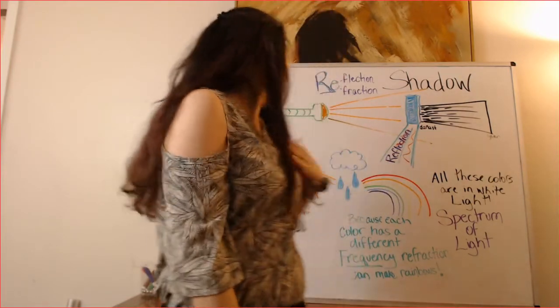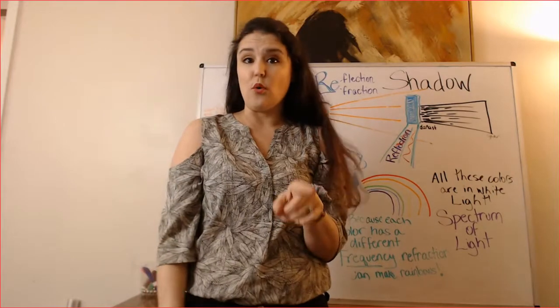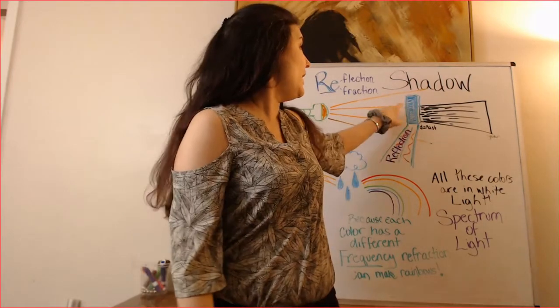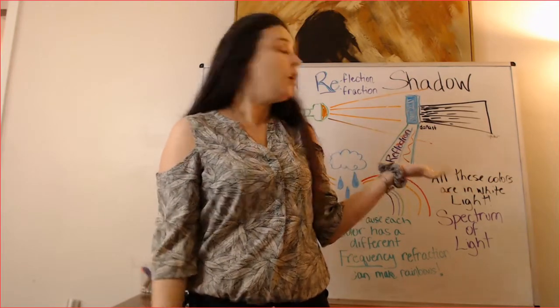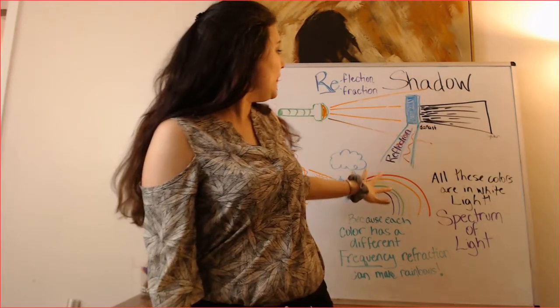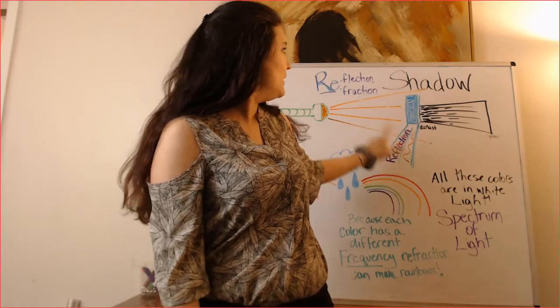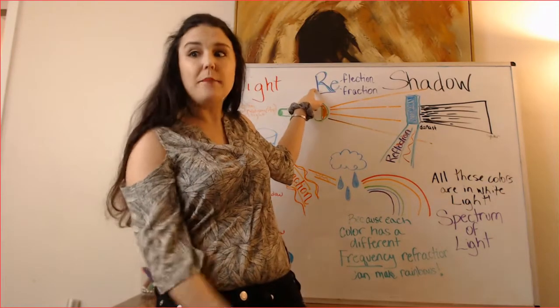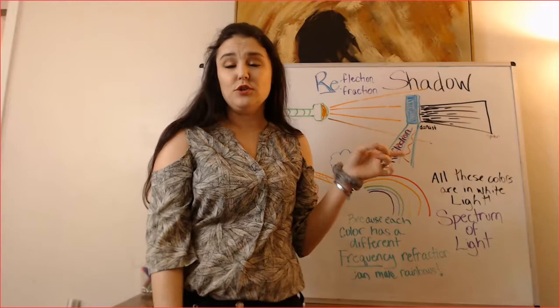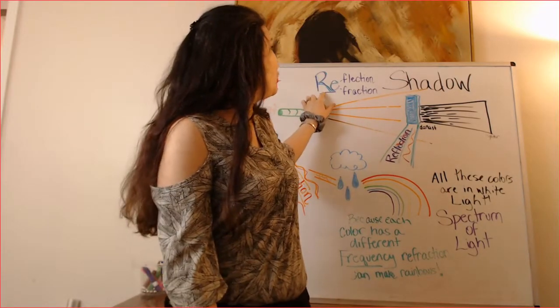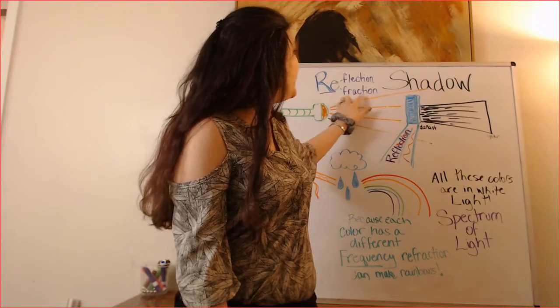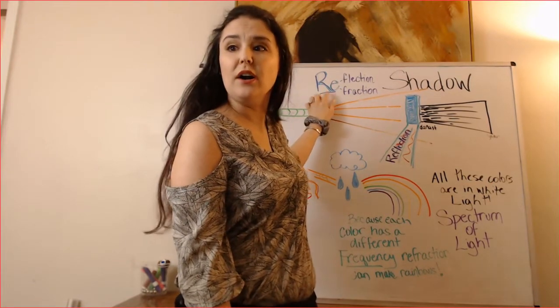Okay, now something else would happen if this little object right here is shiny like a mirror. It's going to reflect light. We talked earlier about how when you're reading words, you want to see what parts are the same, right? So both reflection and refraction start with R-E.